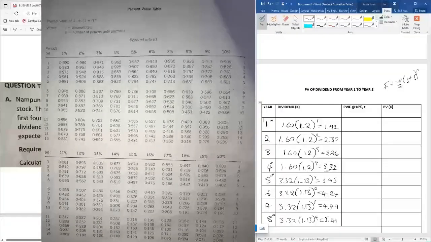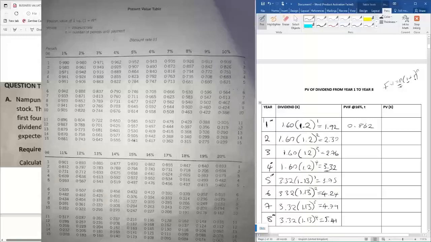And so for year 1, if we look at our present value interest factor table, we're going to go to where it says 16%, period 1, or year 1, where n is equal to 1. So 16% period 1, our present value interest factor will be what? 0.862.